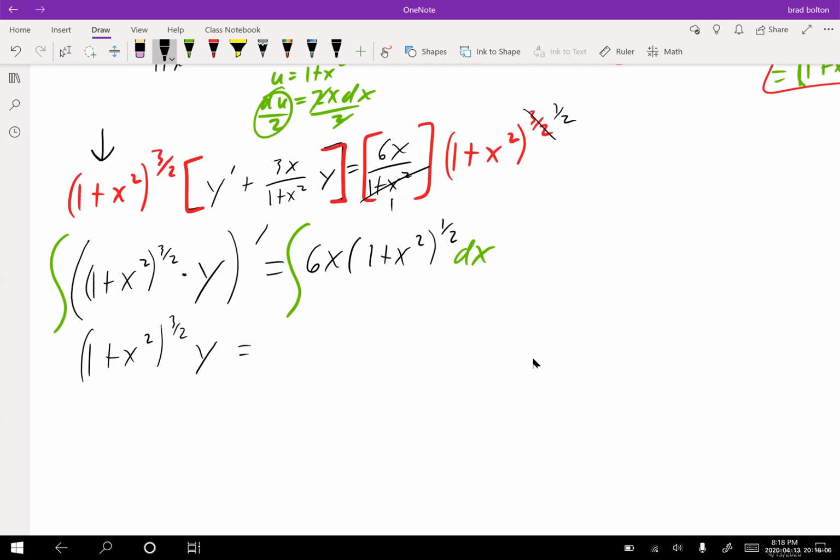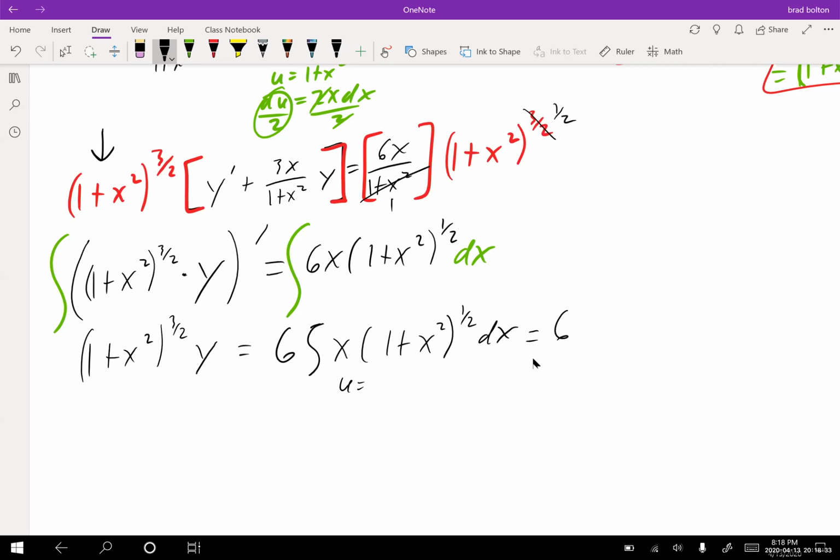Let's see here. So I think we're just going to have to, I'm going to rewrite this real quick. I'm going to take the 6 out, and this is going to become x times 1 plus x squared to the 1/2 dx. But that is really 6.